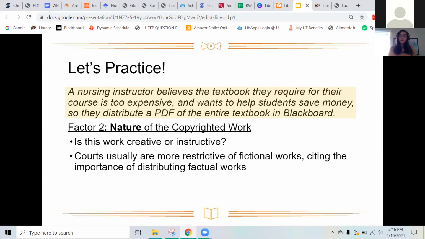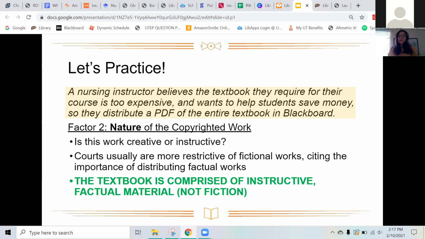Second factor, the nature of the copyrighted work. I said this comes down to, is it fiction or nonfiction? Here are some other ways to think of it. Is it creative or instructive? Courts usually are more restrictive of fictional works because they see that as a work you could potentially benefit economically from, and they cite the fact that it's more important to distribute factual, instructive, or nonfiction works.